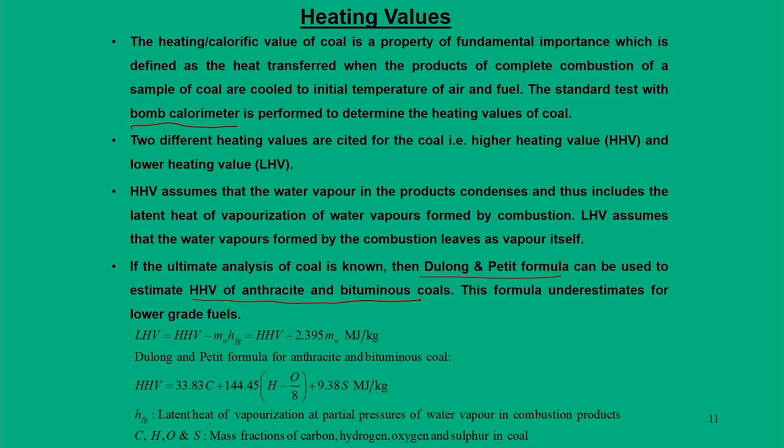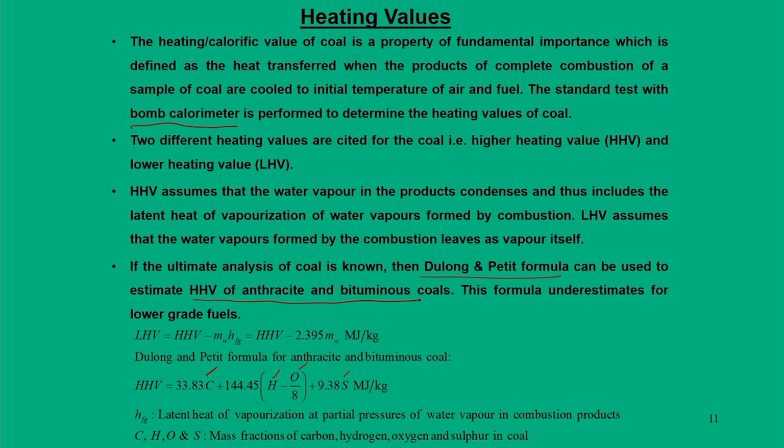The Dulong-Petit formula says that in an ultimate analysis, the coal contains carbon, hydrogen, oxygen and sulfur. These four items are considered because only they take part in the combustion reactions.